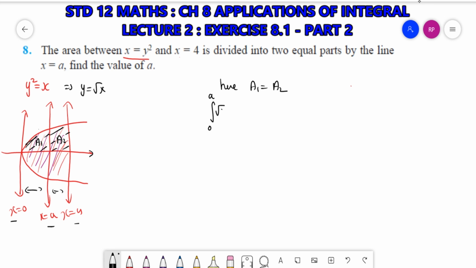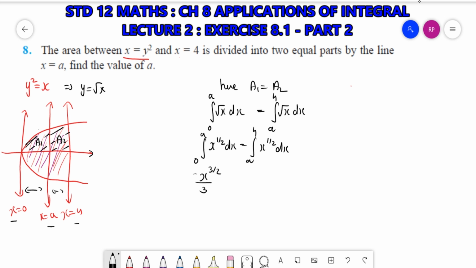So it will be root x dx, that will be equal to from a to 4 f(x), that is root x dx. So this will be equal to x raised to 1 by 2 dx from 0 to a equal to a to 4 x raised to 1 by 2 dx. 1 by 2 plus 1, 3 by 2 upon 3 by 2, 0 to a, x raised to 3 by 2 upon 3 by 2, a to 4.